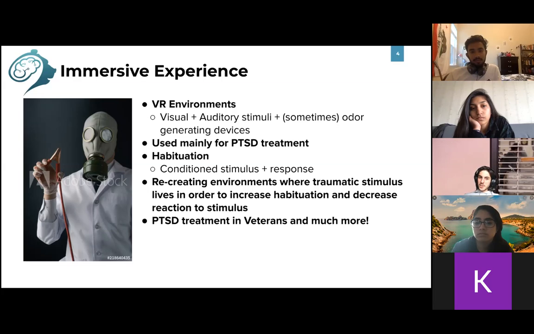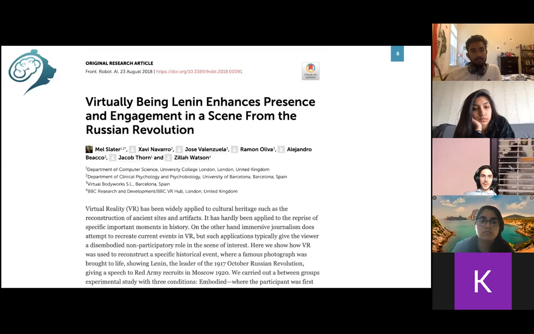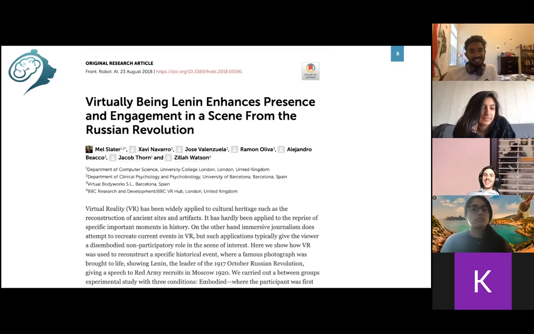They do a lot of PTSD treatment by means of VR in veterans for obvious reasons. So this is a paper I found that looked quite interesting because these guys basically recreated a VR environment from the Russian Revolution, and they found that being Lenin, I think it's the most interesting title ever, "Being Lenin" enhances presence and engagement.